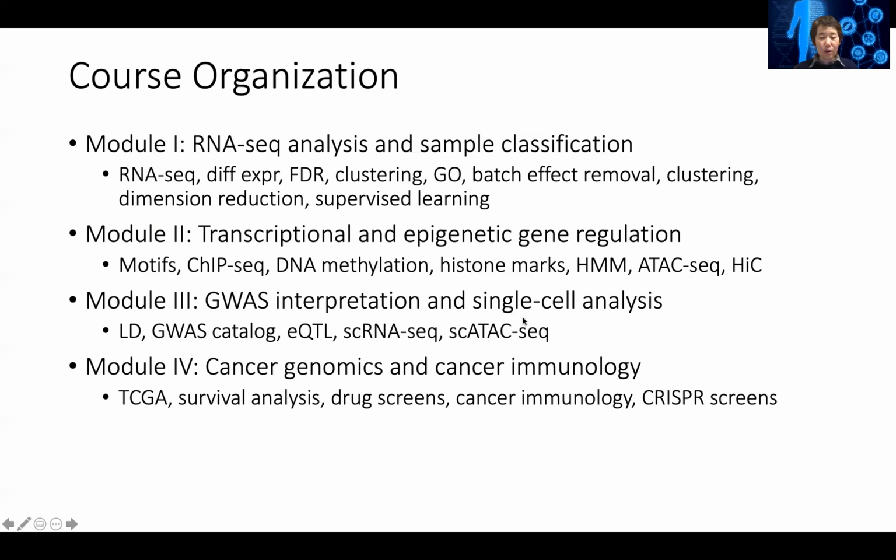And for single cell analysis this year, we are going to increase this to 3 lectures, 2 on single cell RNA-seq analysis and 1 on single cell ATAC-seq for understanding gene regulation.